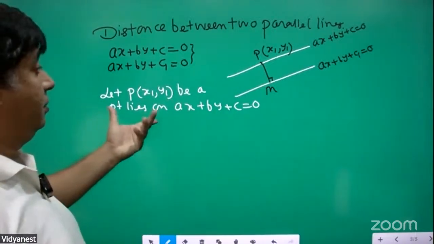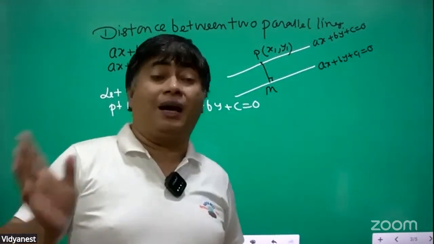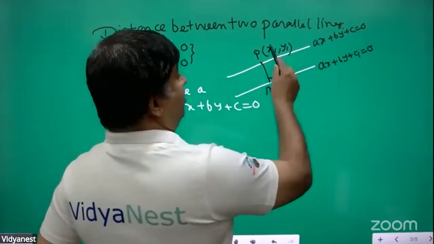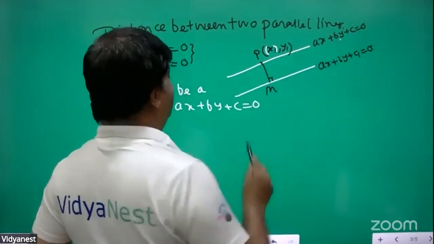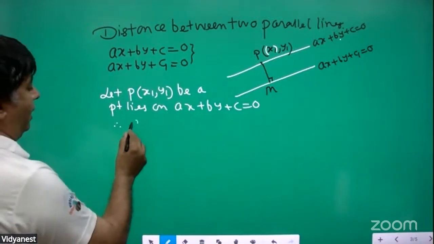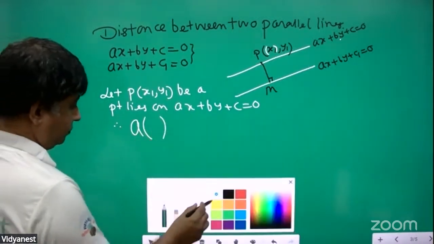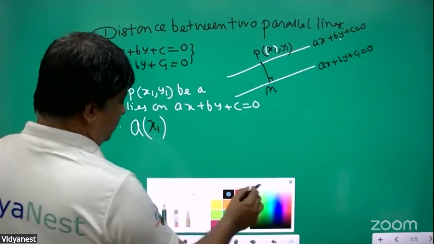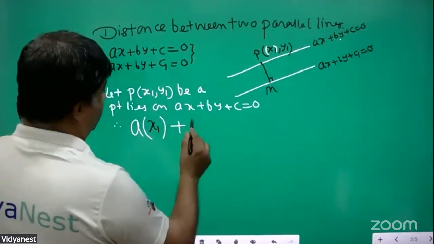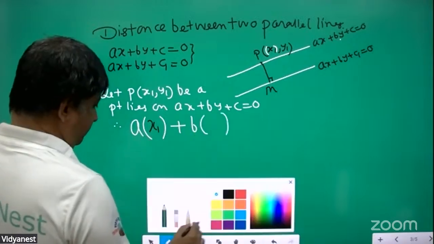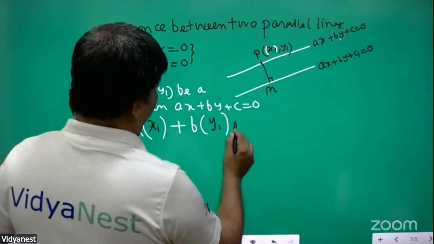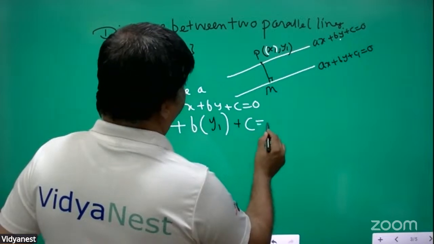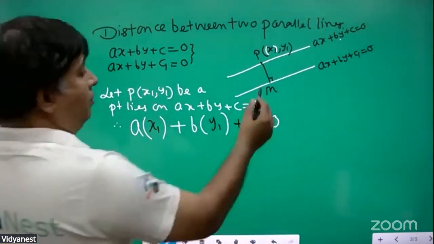What does it mean? Once the point lies on this line, then in that moment, x will be replaced by x1, y will be replaced by y1. So I can write ax1 plus by1 plus c is 0.